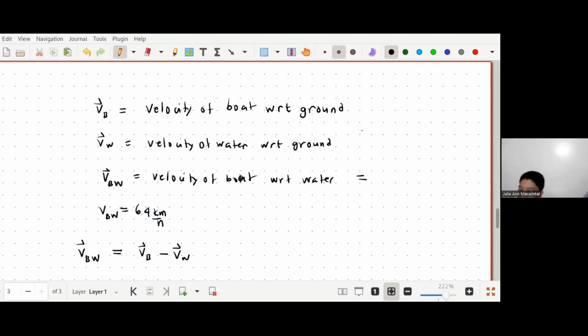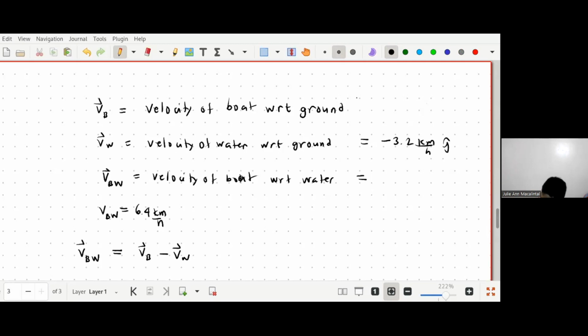Now, what are the givens? The velocity of the water with respect to the ground is negative 3.2 kilometers per hour J hat.